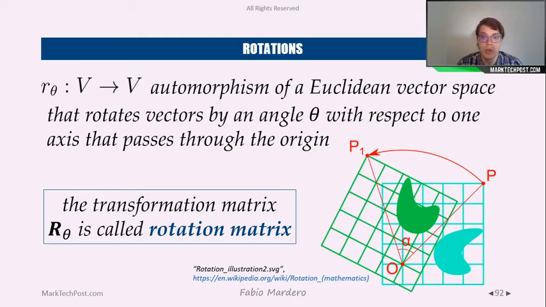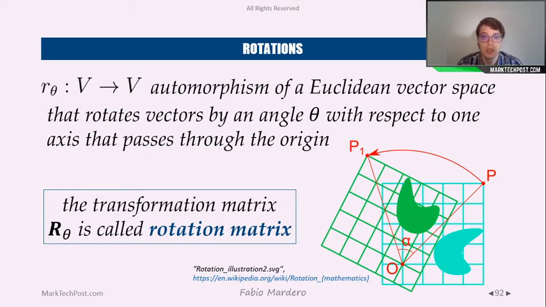In particular, we will consider in the next slides V as a Euclidean vector space. So R of theta is an automorphism that rotates vectors by an angle theta with respect to one axis that passes through the origin.